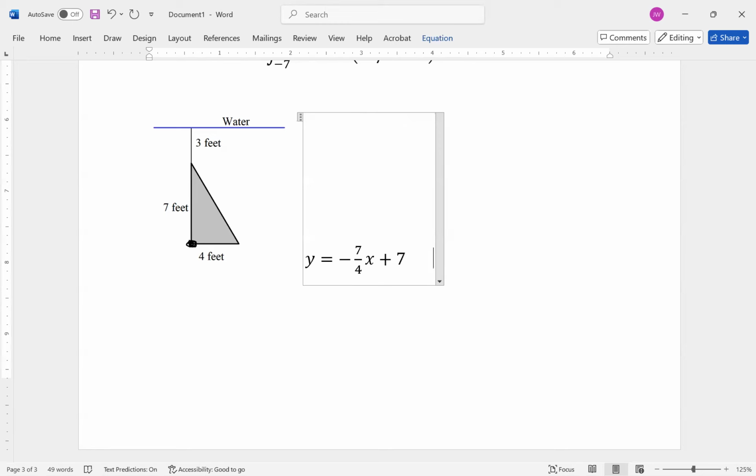If you convert that, what you could do, you could subtract 7 and then multiply times the reciprocal. Notice that we're going to get -4/7 times y, and -4/7 times 7 times -7 is a positive, times -7 is a +4.